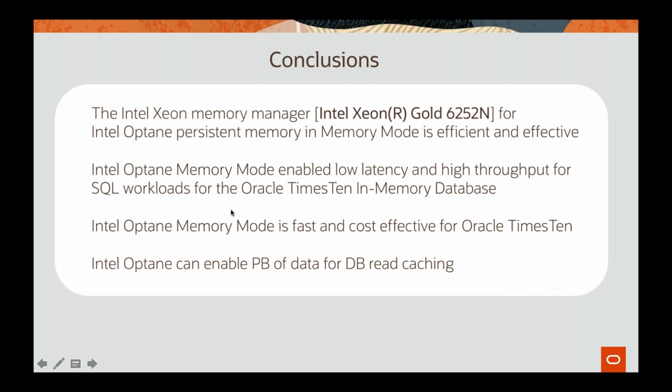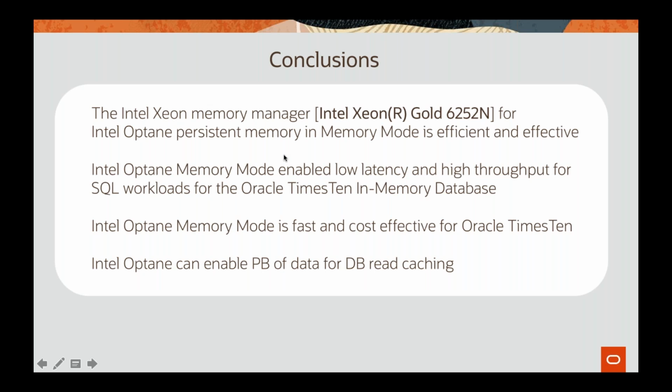So by using Intel Optane persistent memory in memory mode, we're able to get basically the same low latency and high throughput that we could get for DRAM. So it's a very good fit for using TimesTen in-memory database for SQL workloads.